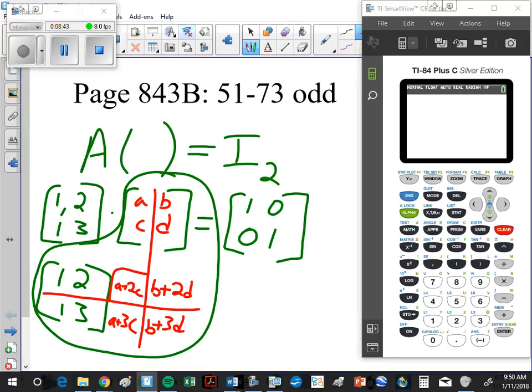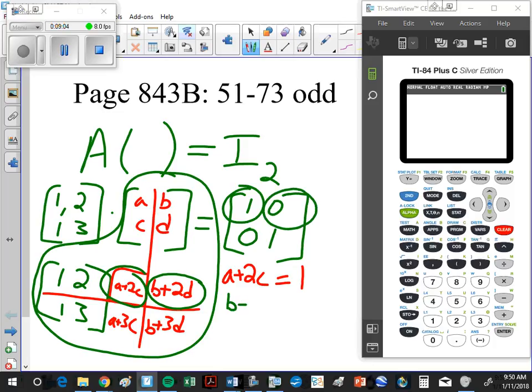So I know that A plus 2C is equal to 1 because this box here has to be 1. And then this box has to be 0, so B plus 2D is 0.